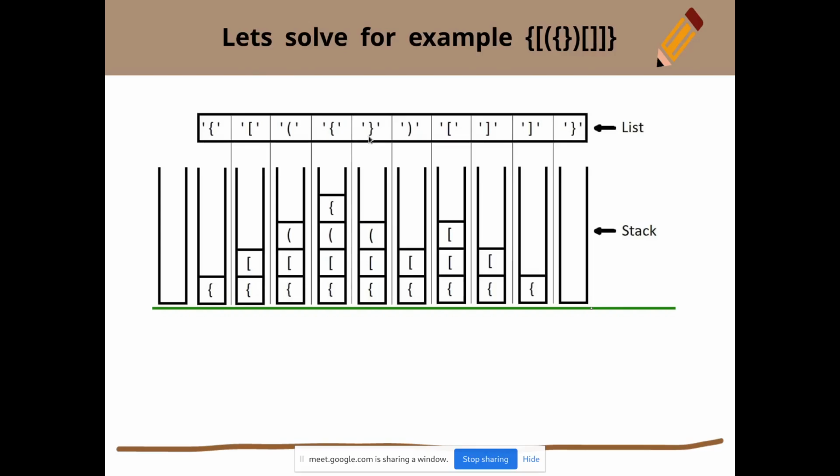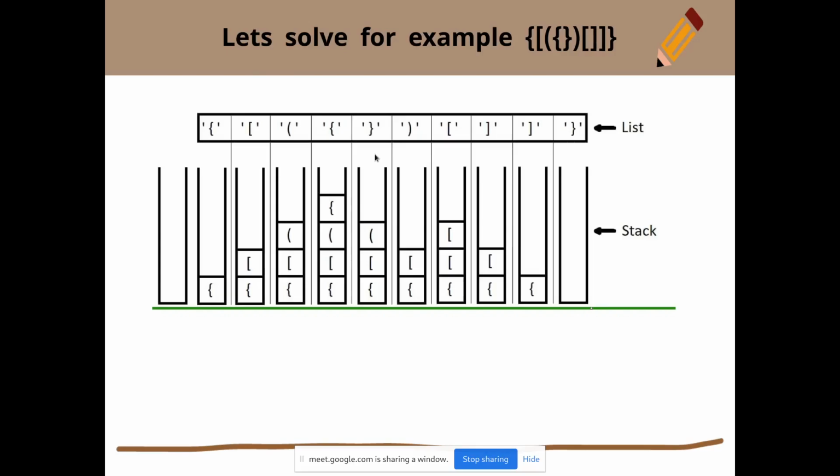If it is a right bracket, then I check whether the pairs match. Suppose this is a bracket of type flower, and this is also of type flower, then I will pop the element from the stack.